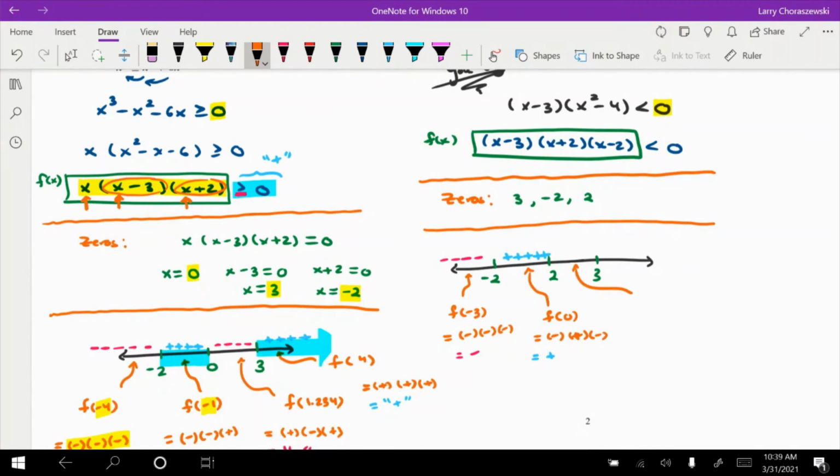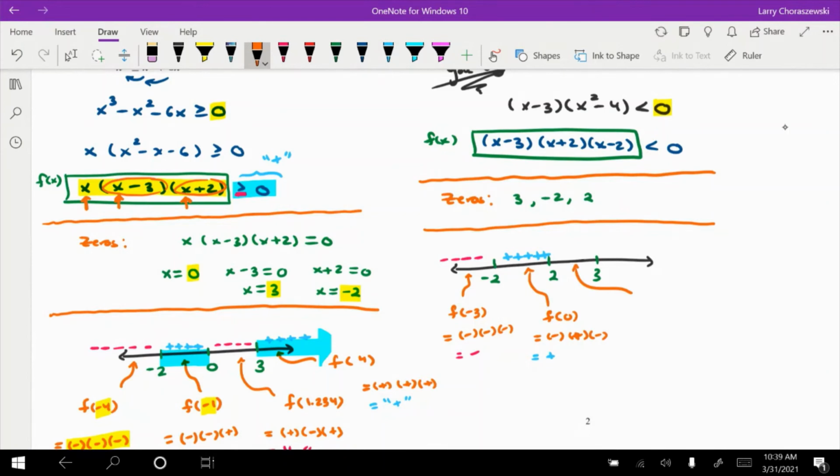Now there are alternating patterns in the signs, but I still recommend checking the different sections before you assume that, because there are some cases where we go from a positive back to a positive. Geometrically, that would be a case where a polynomial is touching the x-axis versus cutting through it or crossing it.